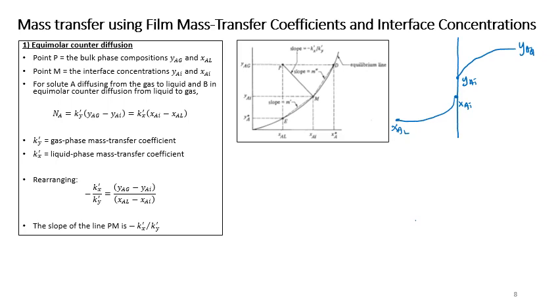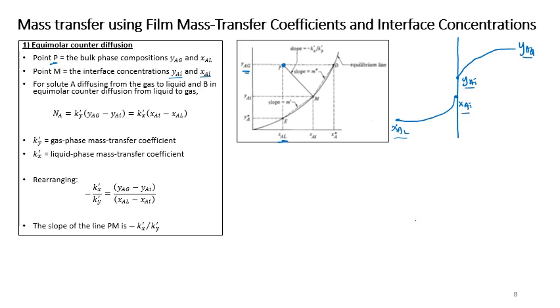So here let's have point P as the bulk phase composition yAG and xAL. If you put these coordinates here, you have point P. And point M is the interface concentration yAI and xAI.